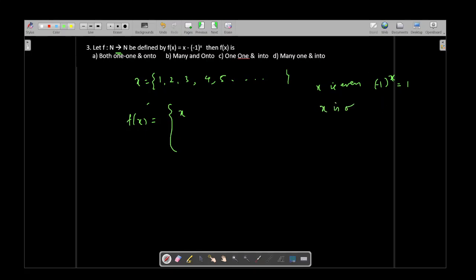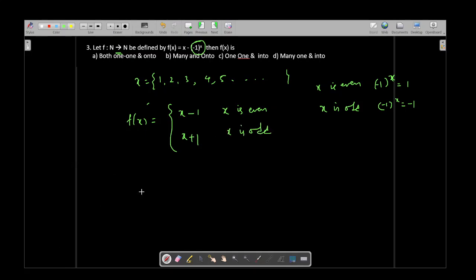When x is odd, minus 1 power x is actually negative 1. So what I can write here is x minus 1 when x is even, and x plus 1 when x is odd.